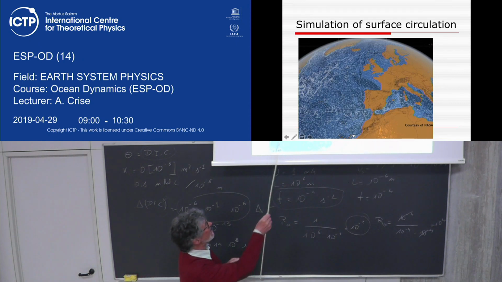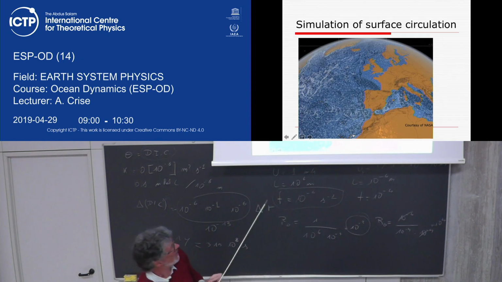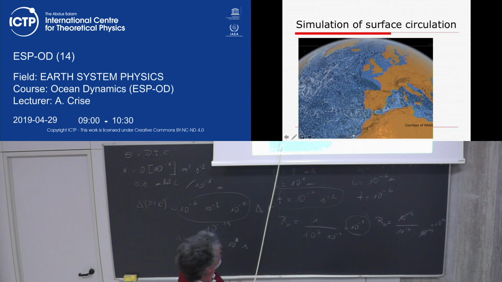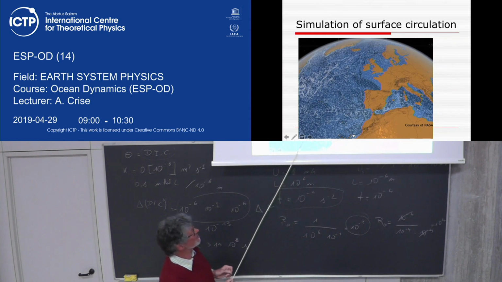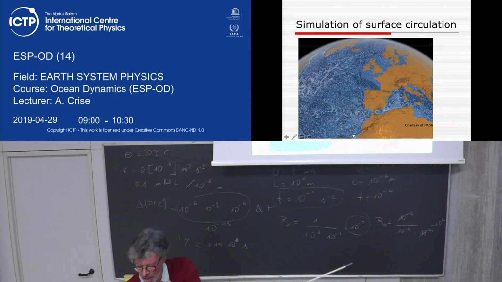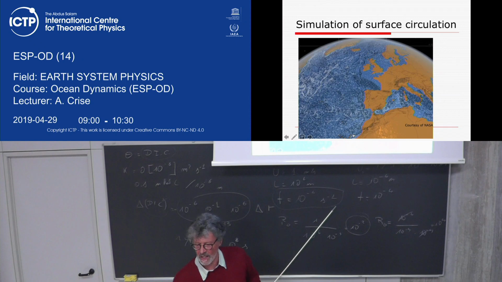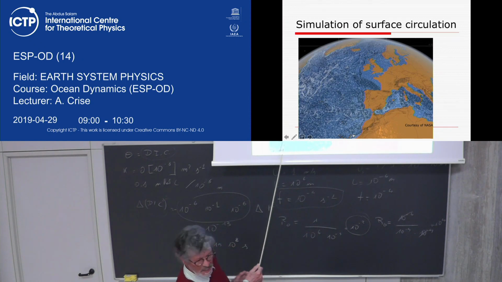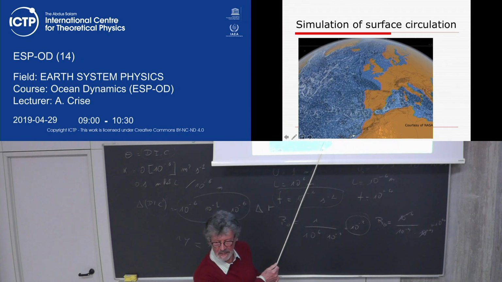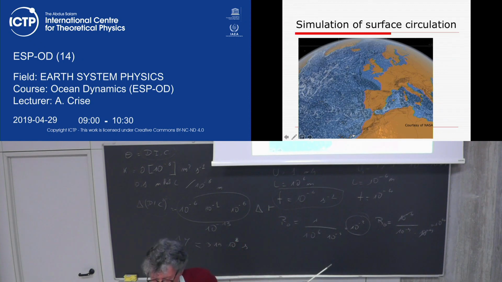Here you don't see any straight line, and you see currents here are depicted by short tracks of particles. So it's quite an impressive way to visualize the currents. But it's impossible to assess if the velocity here is 10 centimeters or 10 meters. It's a qualitative way of presenting results.